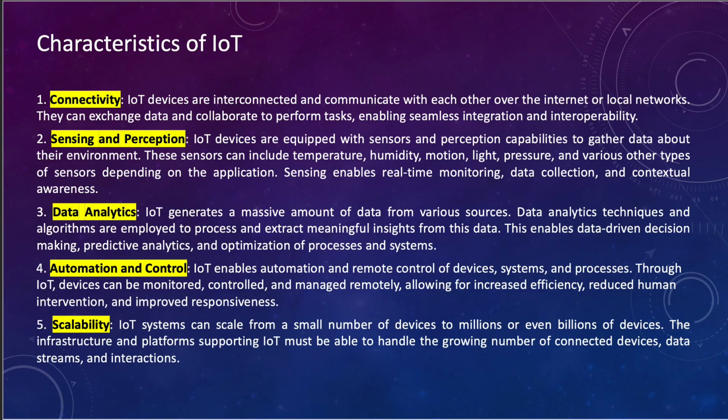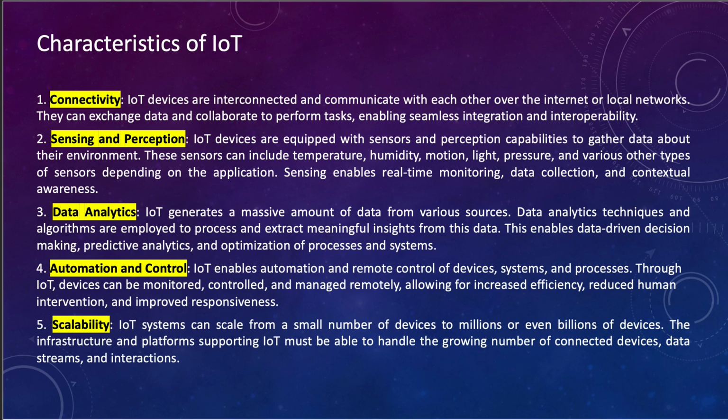Then we looked at characteristics of IoT, or characteristics of an IoT system. When we integrate an IoT system, we looked at the main features or characteristics that will be there in that particular system. These are the common characteristics: connectivity, sensing, perception, data analytics.